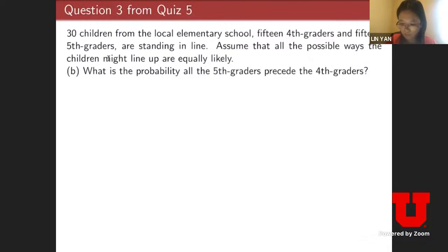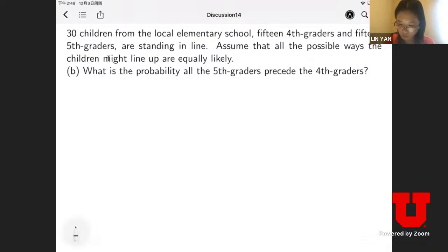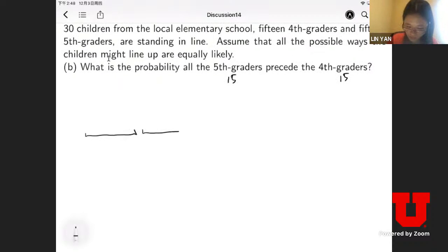Then let's go to part B. We have 15 fifth graders and 15 fourth graders. If we want all fifth graders to precede fourth graders, then for each grade, we have 15 factorial ways to form the line.